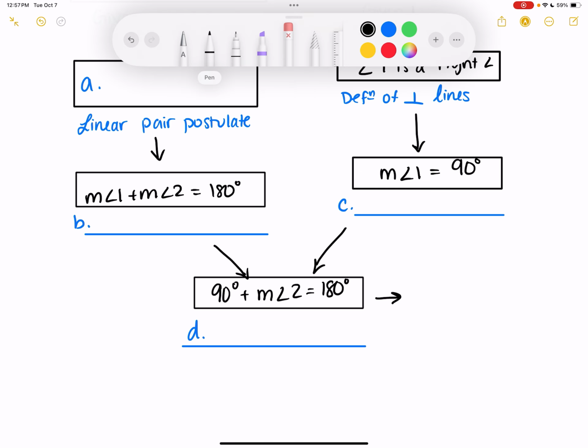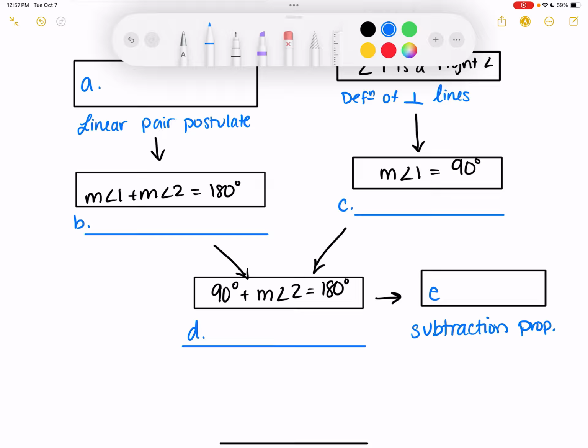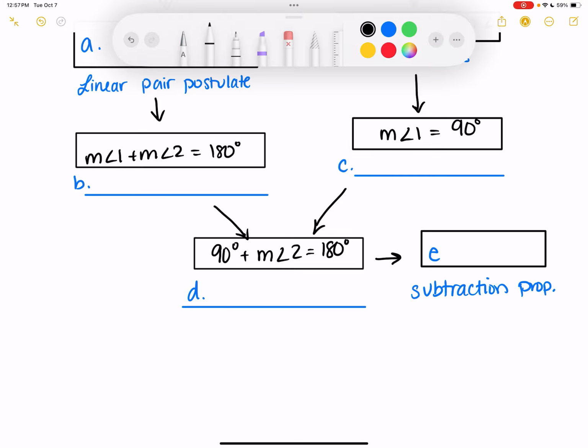Why did I not draw a box? That's going to be E. The reason for this is the subtraction property. Yeah, it's of equality. I'm just not writing the of equality part for space.